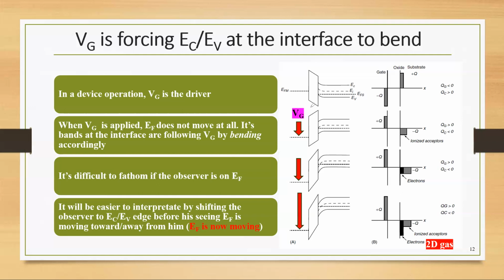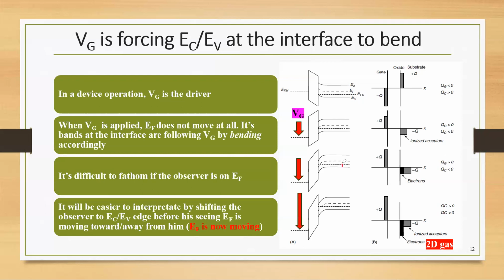And then you turn the VG off, and you lose that; it comes back. And that's exactly what the VG is trying to do. It's forcing the EC and EV at the interface to bend. But what about the Fermi level moving? Well, I'm sorry to say, Fermi level never moves. It's always here, right?